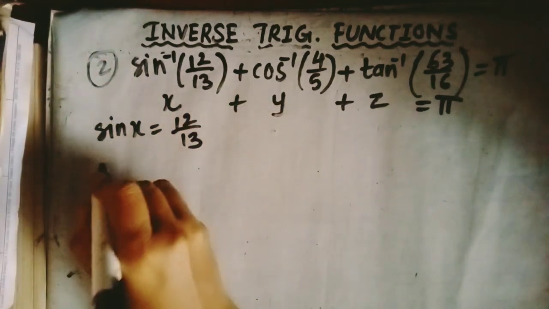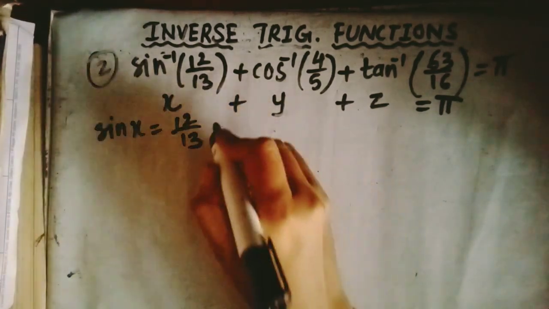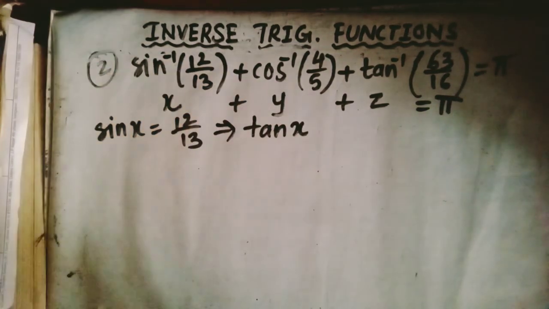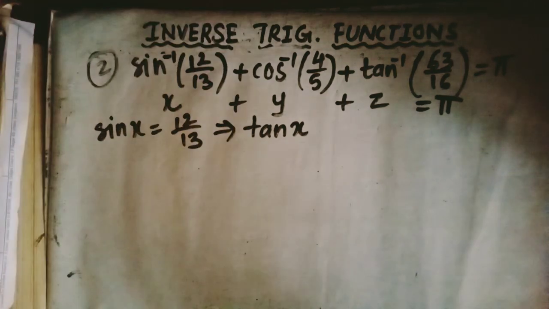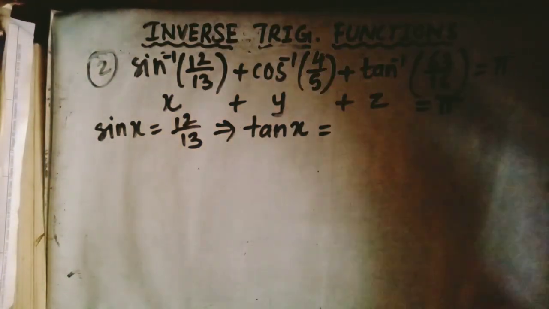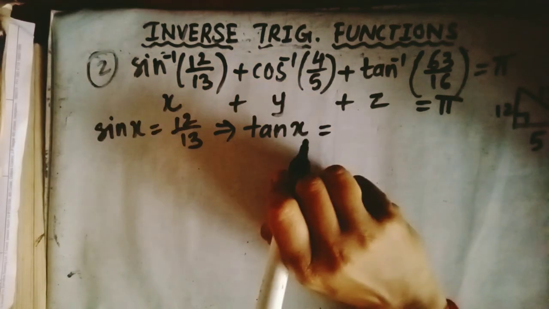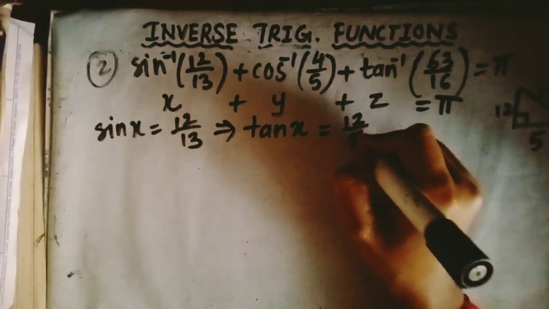From this you have to find out tan x. We want every term in terms of tan. So using the triangle method, this is 12, 13 and this will be 5, right? So tan x will be opposite upon adjacent, so 12 by 5.